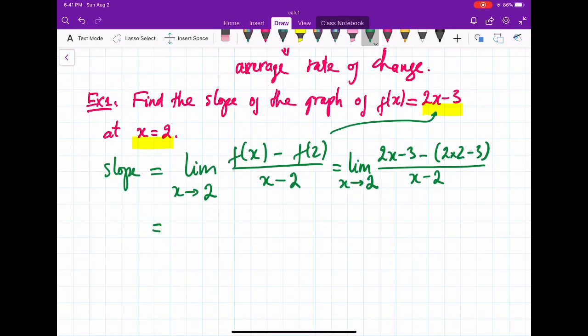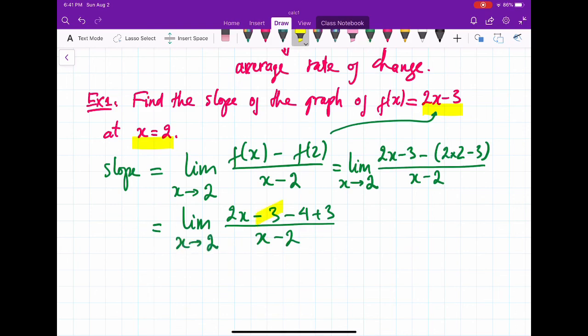You simplify that, you get the limit of 2x minus 3 minus 4 plus 3 divided by x minus 2, x approaches 2. You simplify 3 with negative 3, and you have the limit of 2x minus 4 over x minus 2, x approaches 2.